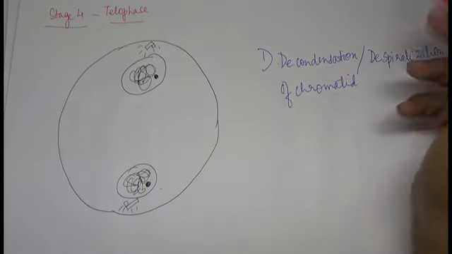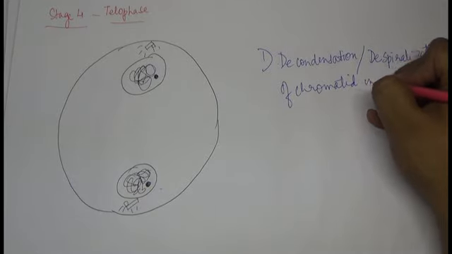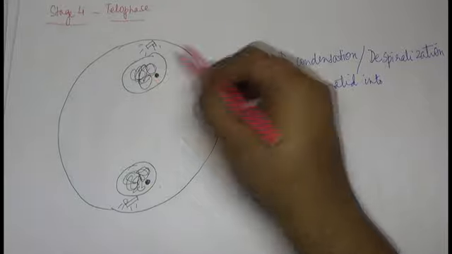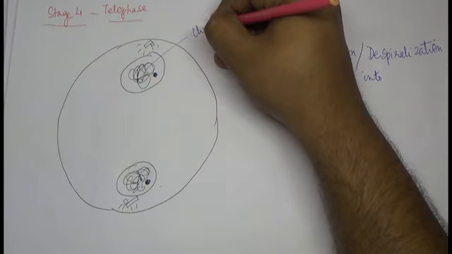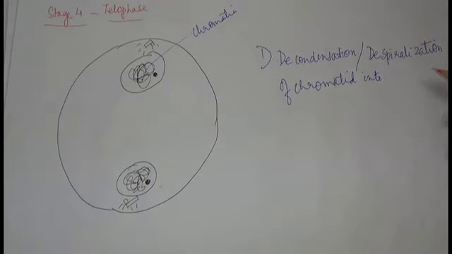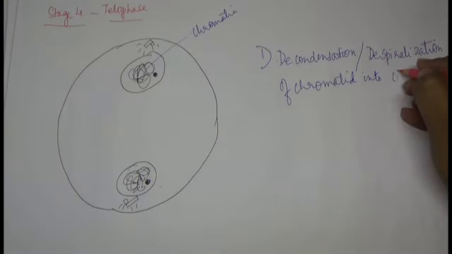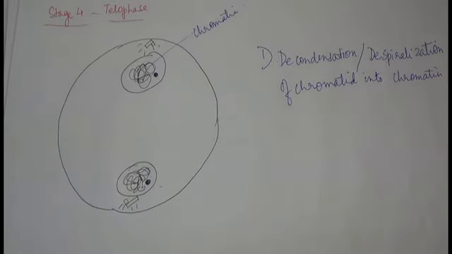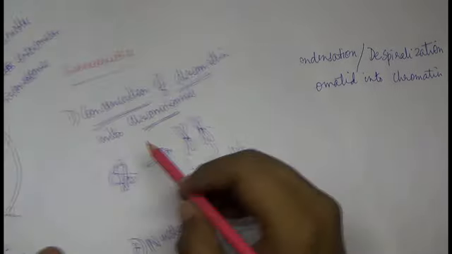So we call it chromatid. Into what do we get here? Again we get the chromatin. So it's decondensation or despiralization of chromatid into chromatin. This is step number 1, just the opposite of prophase.